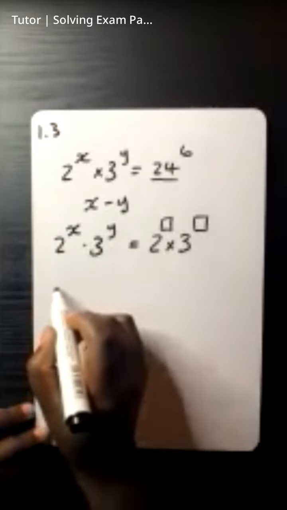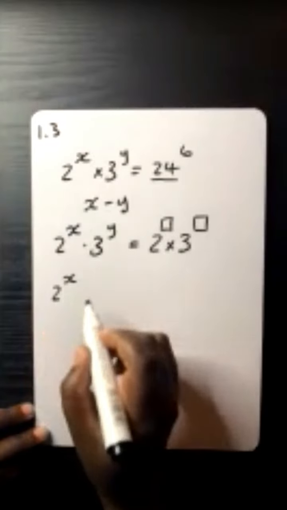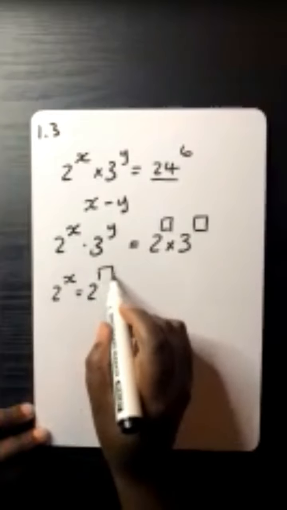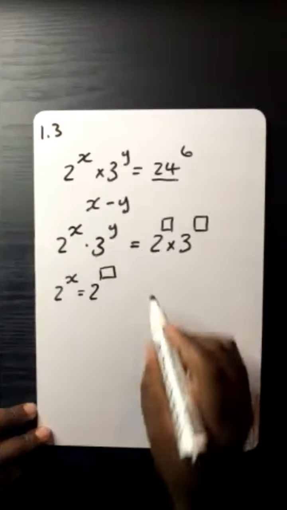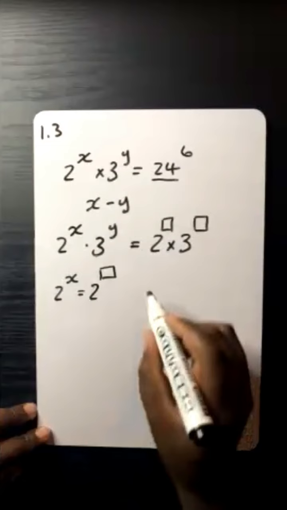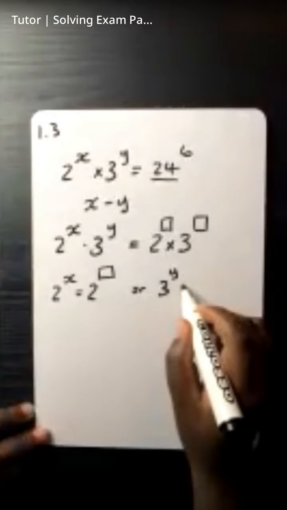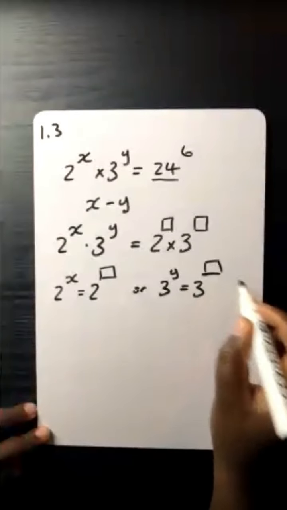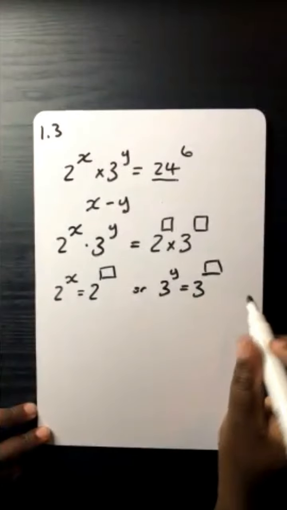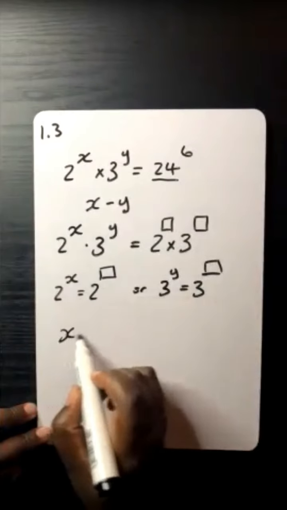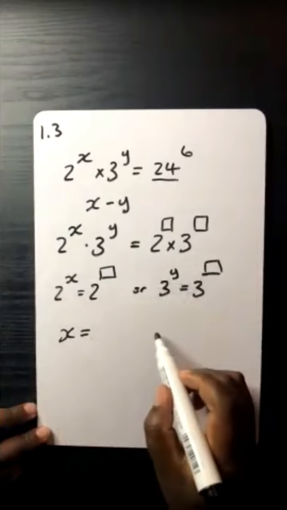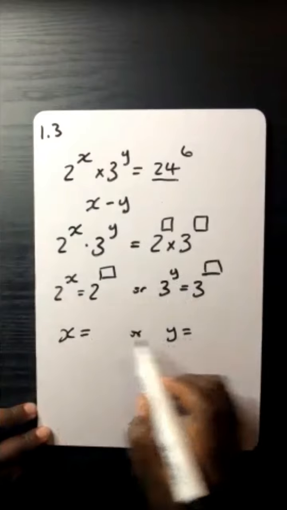In that way, I think you'll be able to say 2 to the exponent x equals 2 to the exponent whatever, and 3 to the exponent y equals 3 to the exponent whatever. So obviously, when the bases are the same, you can equate the exponents.